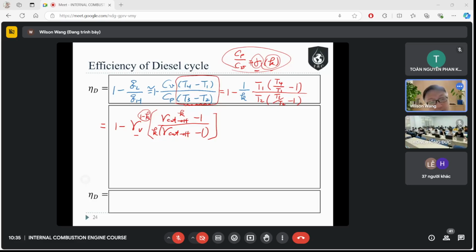So from here to here, how to derive it? I want you to go home and try to derive it by yourself. This is quite simple.